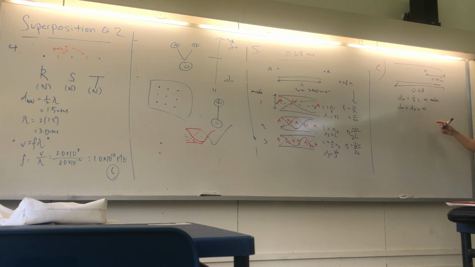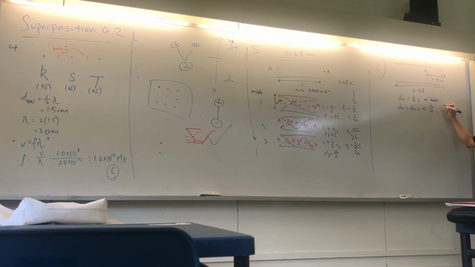So this must be wavelength over 4, because earlier, remember node to node distance is wavelength over 2. So node to empty node distance is wavelength over 4. Or the node to the next empty node distance is 4 plus... plus what? Plus 2?